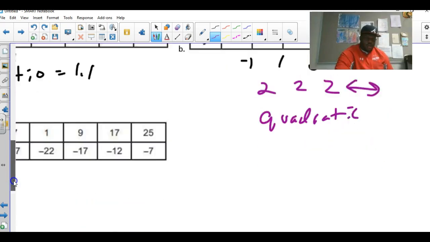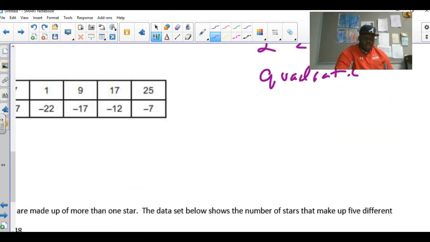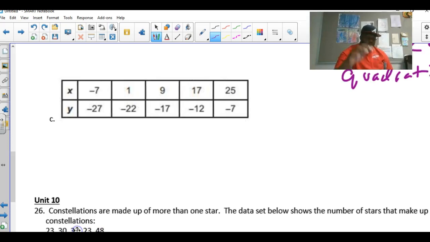Now, this next part, C, I'm going to do this again by hand, okay? If I go negative 22 minus a negative 27, that becomes a plus again, doesn't it? So that's really 5.